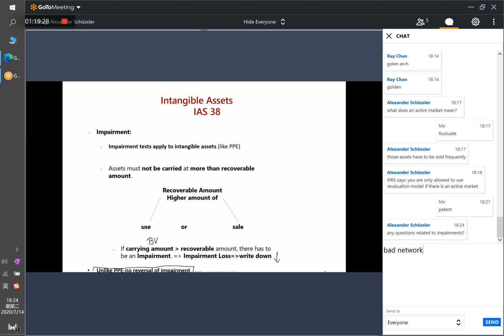Using means you estimate all the future cash flows and discount them to the current time, and selling price is whatever you get for the asset. Does that make sense? Is it clear or not? Impairment is a write-down.